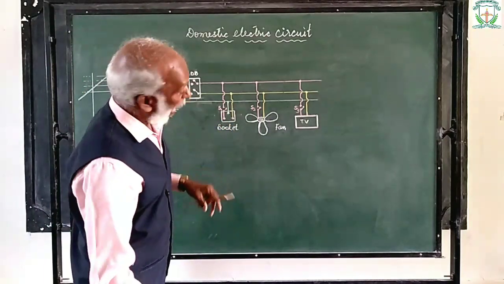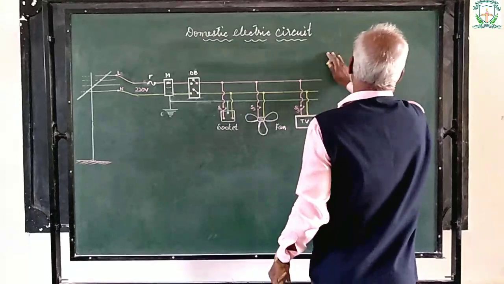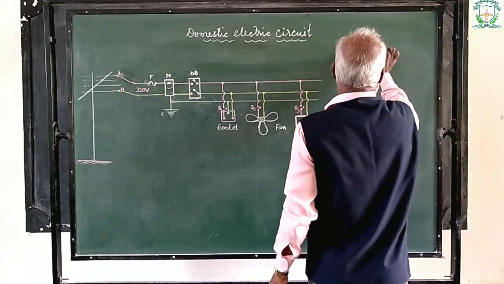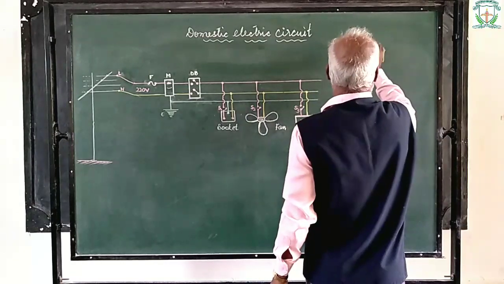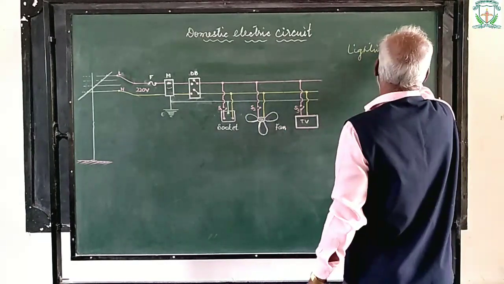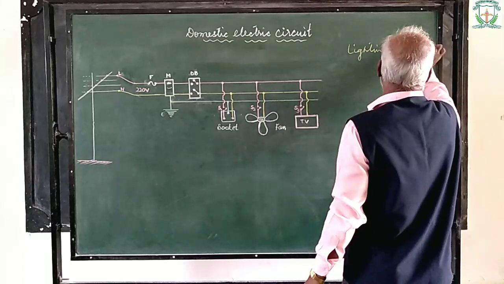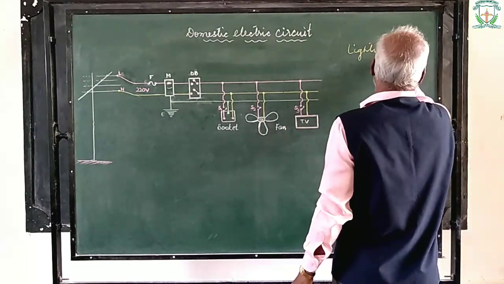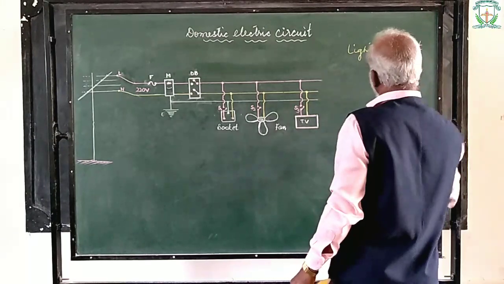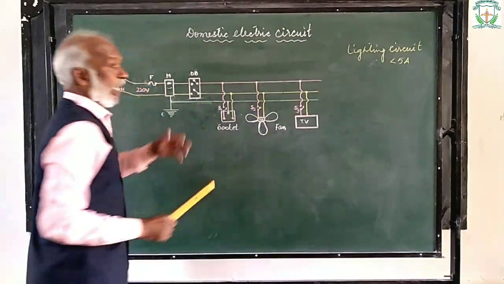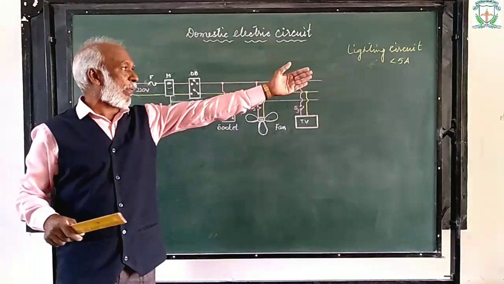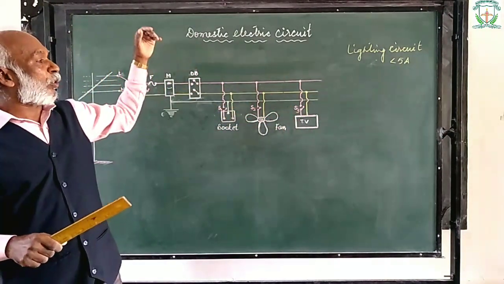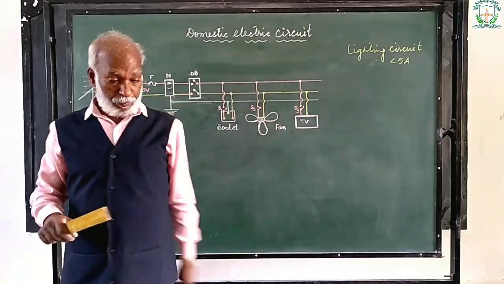Less than 5 ampere. So devices drawing less than 5 ampere current are connected to the lighting circuit.